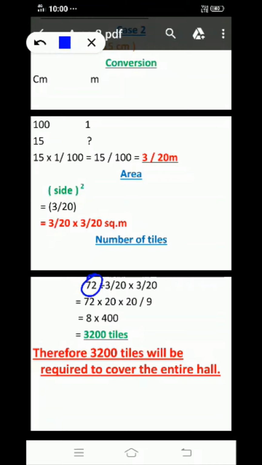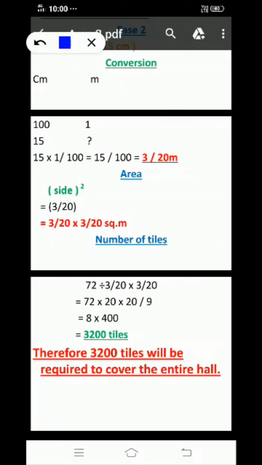Now 72 divided by 9, 9 eights are 72, so 8 into 400, since 20 into 20 is 400. 8 fours are 32, and with the zeros your answer is 3200 tiles. Therefore 3200 tiles will be required to cover the entire hall.